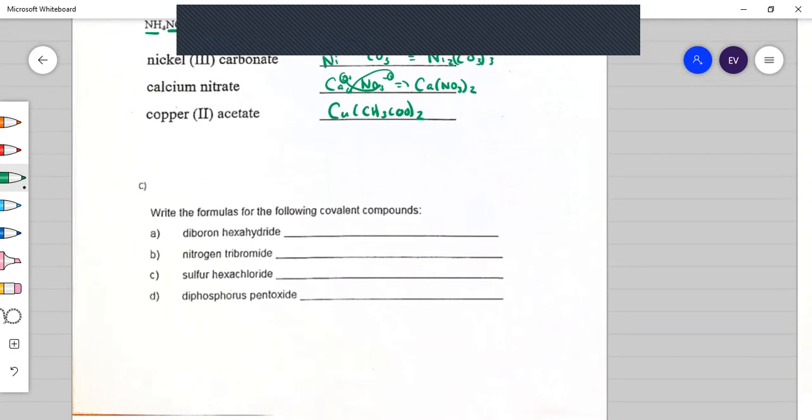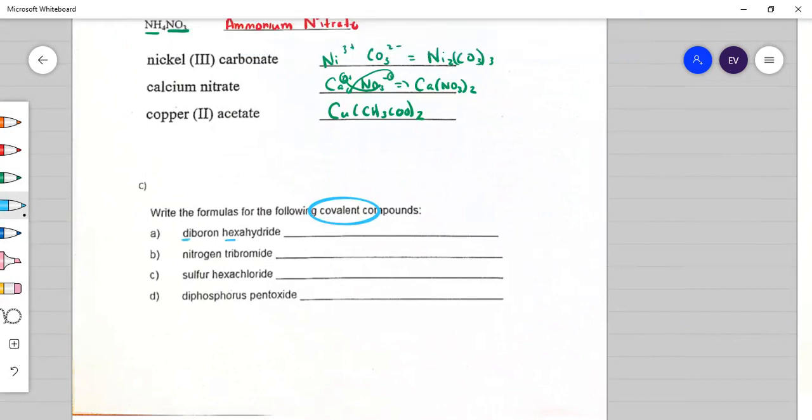These are super easy. Okay, when we start getting to covalent compounds, I even told you right here that it's covalent. You should have been looking at the rules for naming covalent compounds. And basically the di and the hexa, those are prefixes that tell you how many of each one you need. Diboron means I need 2 boron. Hexahydride means I need 6 hydrogen.